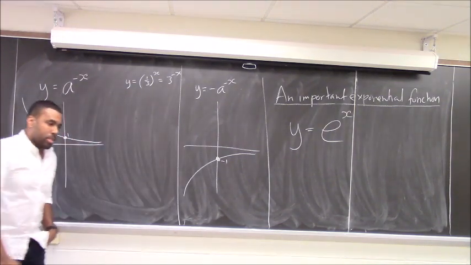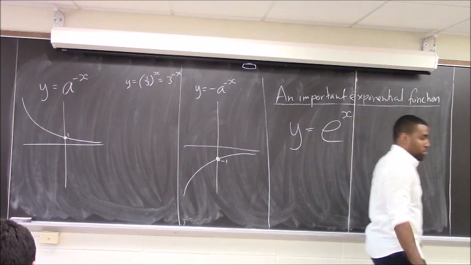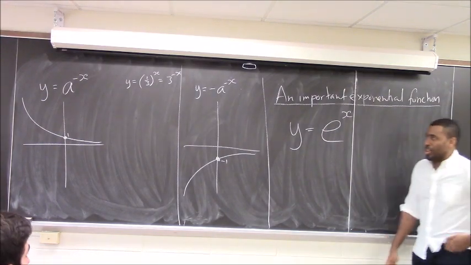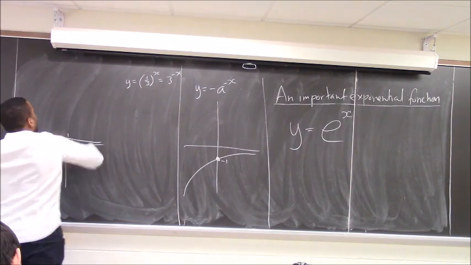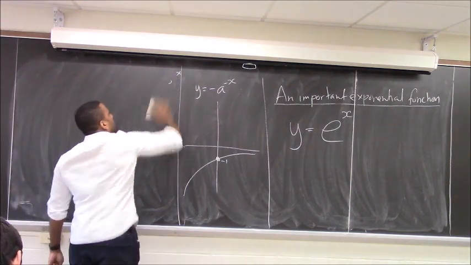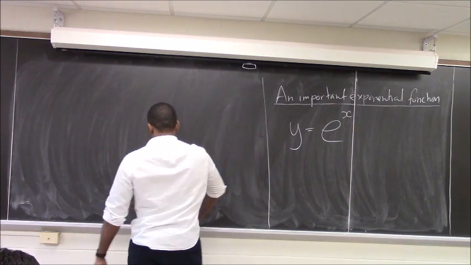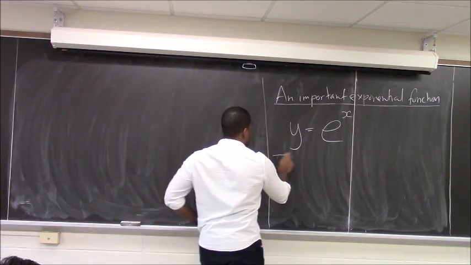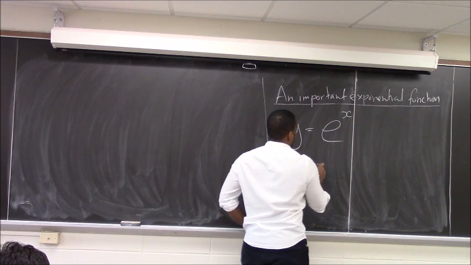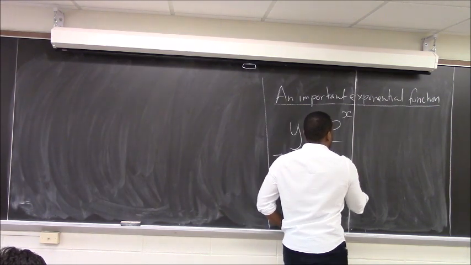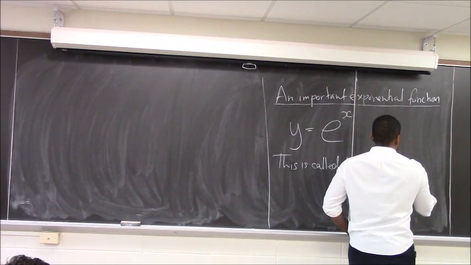It's not an understatement to say this is the most important function in calculus, and some mathematicians would say it's the most important function in general, in all of mathematics. It's an extremely useful function. You can use it all over the place. This is called the natural exponential function. It's very natural to use this for calculus.